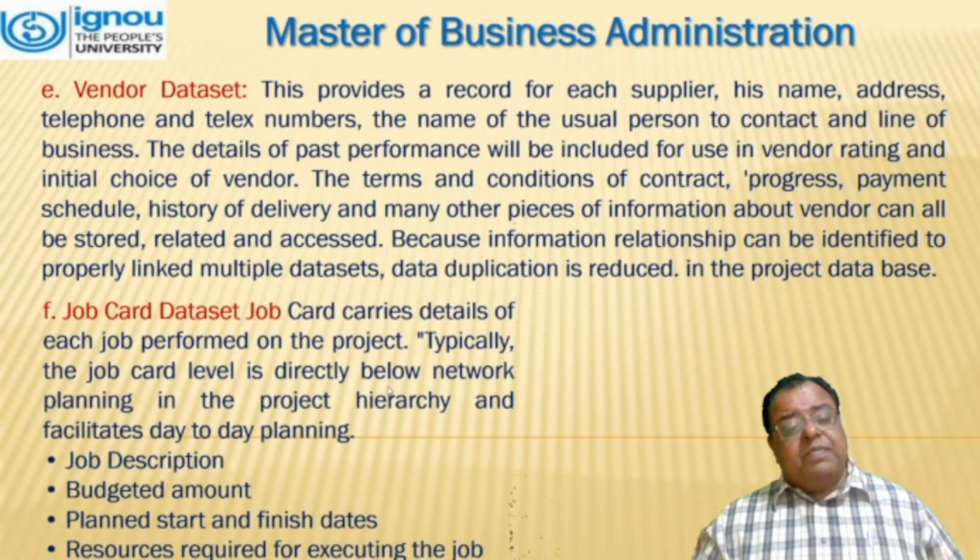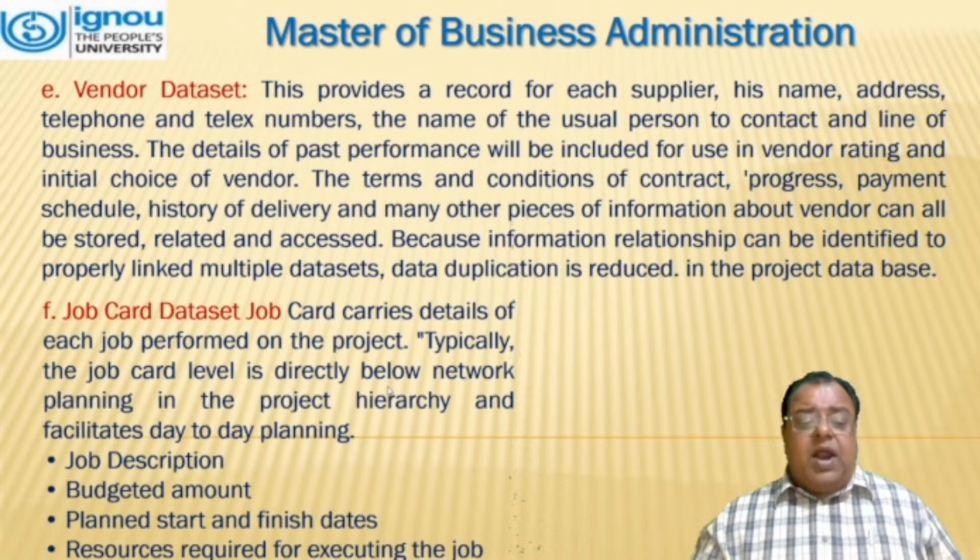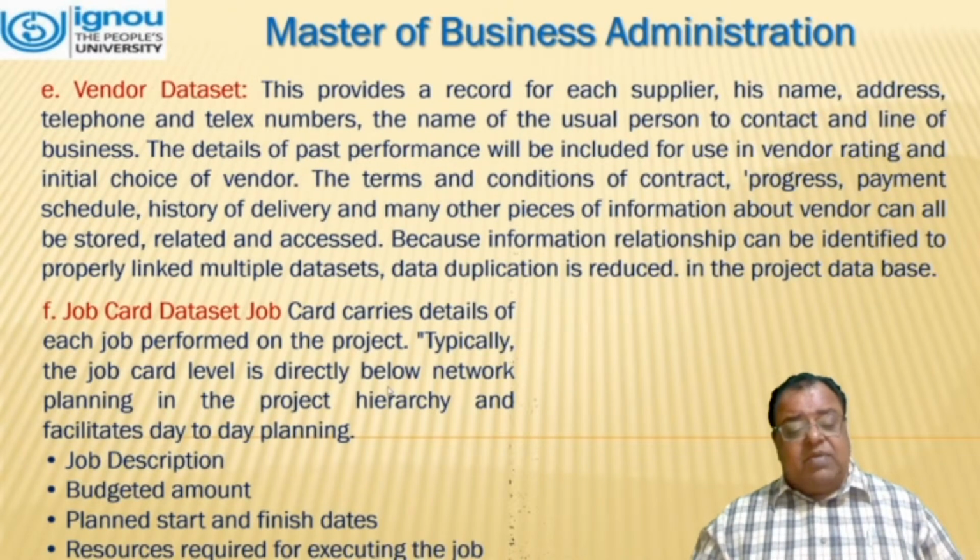Then comes the job card dataset. A job card carries details of each job performed on the project. Typically, the job card level is directly below network planning in the project hierarchy and facilitates day-to-day planning, which includes job description, budgeted amount, planned start and finish dates, and the resources required for executing the job.